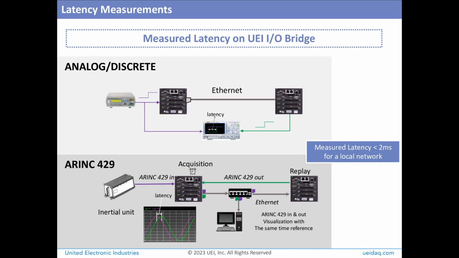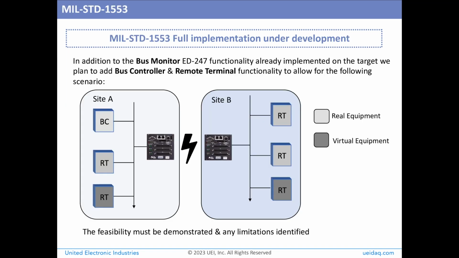The replay bridge, now we're on the far right, receives the Vistas packet and generates the corresponding ARINC message. The message produced by the replay bridge is also acquired and timestamped by the acquisition bridge. This way, the latency can be calculated through the analysis of those two packets. In both cases, we measure the latency as less than 2 milliseconds.